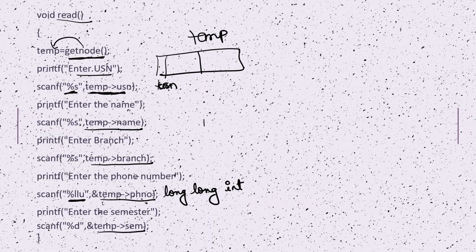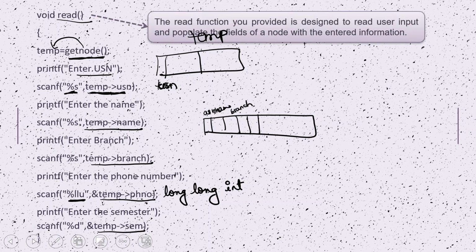So by the end, your linked list data part will have USN, then name, then branch, then phone number and SEM. This function has to be called whenever you want to put any information into the node. That is your read function. I hope this part is also clear.